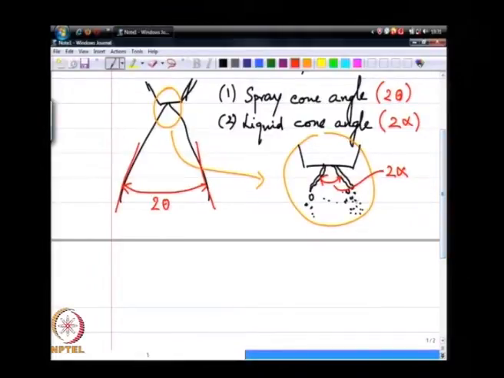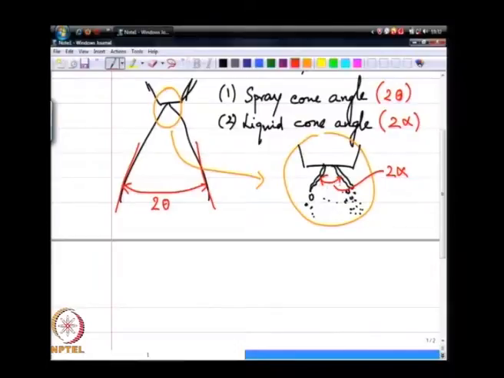The liquid cone angle can be measured from a high speed image, a snapshot of the spray at this magnification as shown, and it is fairly straightforward and very clearly defined, because this is a liquid sheet that is formed at the exit, and the angle made by the liquid sheet is very clearly defined.